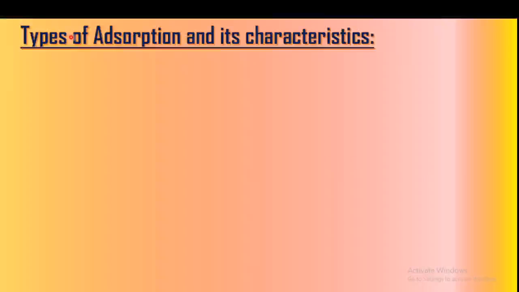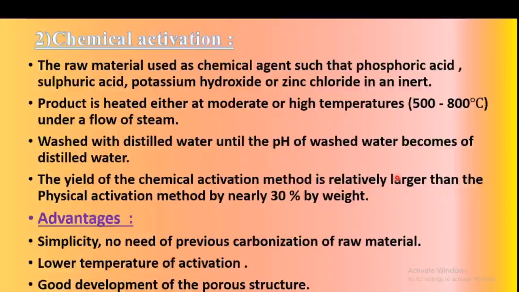In the earlier slide we studied the chemical activation, in which the yield is relatively larger than the physical activation method by nearly 30% by weight. I said chemical activation here, but it is physical activation method. This is the advantage of the chemical activation method.